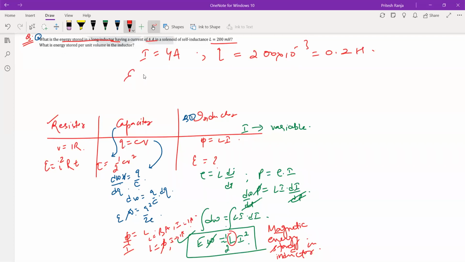And E will be equal to half Li square. So it comes out to be 1.6 joules, right? And the next part says, what is the energy stored per unit volume in the inductor?